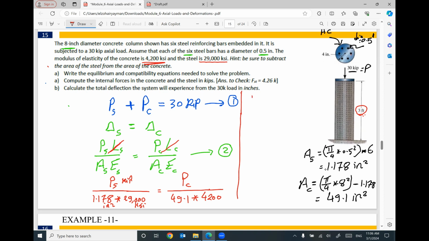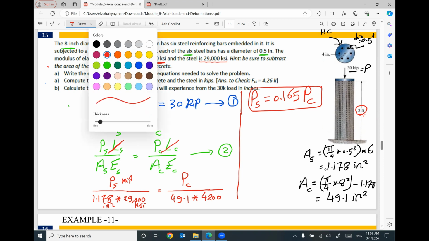I can simplify this equation. So PS will equal 0.165 PC. What I did, I rearranged this equation and found PS as a function of PC.